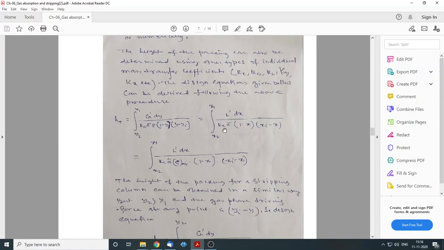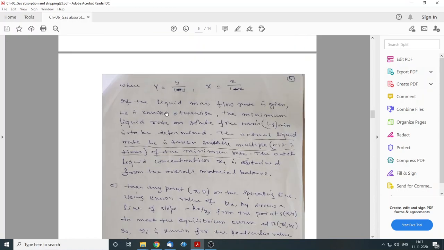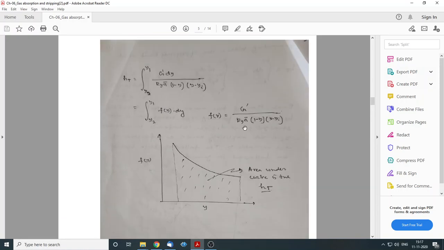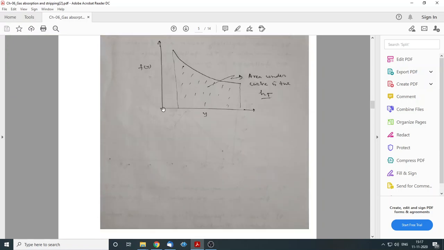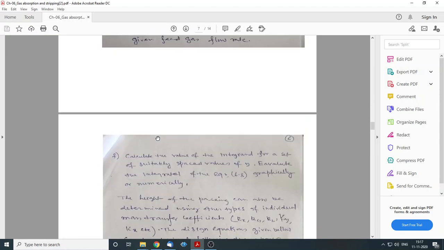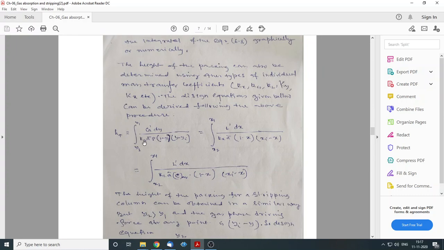Instead of Ky it will be kx a, and 1 minus x into, in this case, xi minus x for absorption. Here I had ky; if I express in kg, that will be kg into p, and you can calculate whatever unit you need.